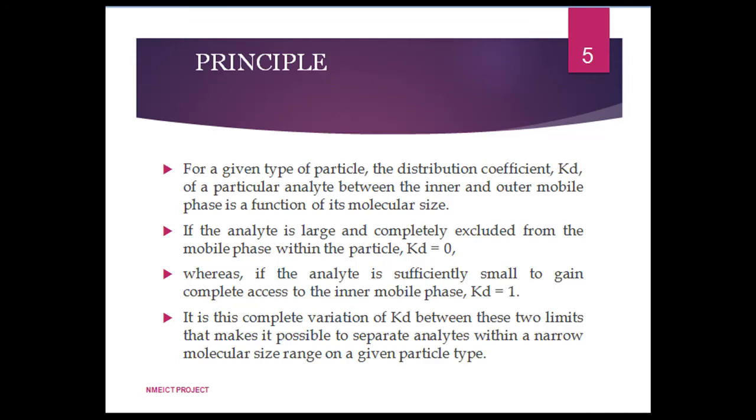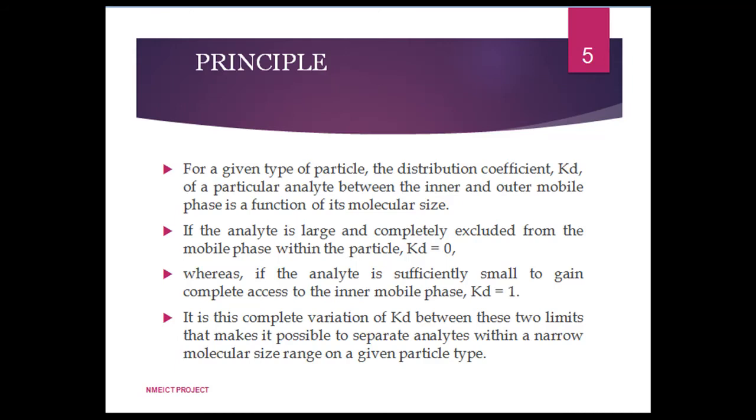Hence, the Kd value will vary between 0 and 1. It is this variation of Kd between these 2 limits that makes it possible to separate analytes within a narrow size range on a given particle type. Hence, molecules can be separated based upon their molecular weight.